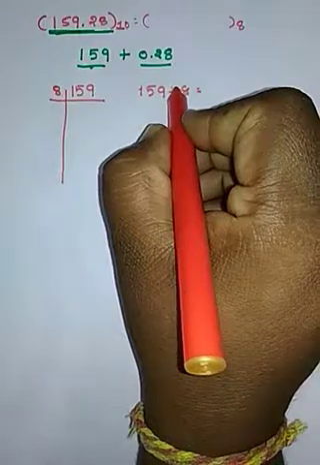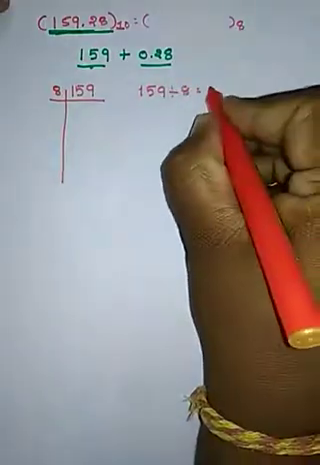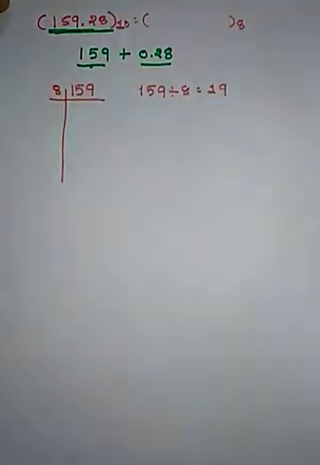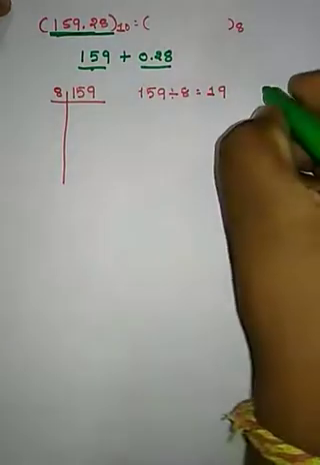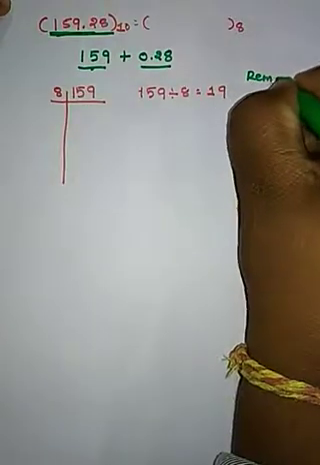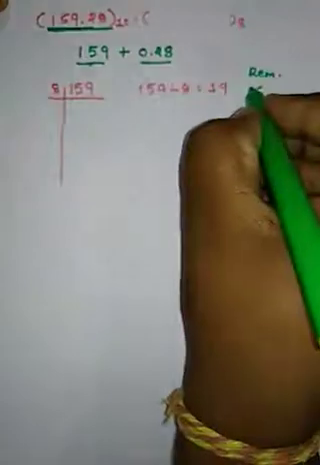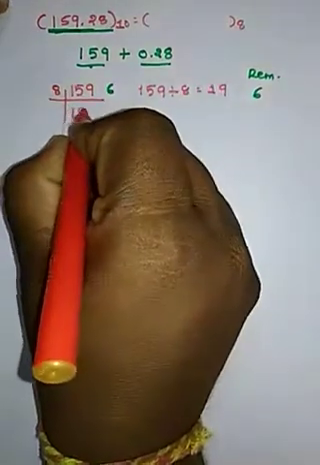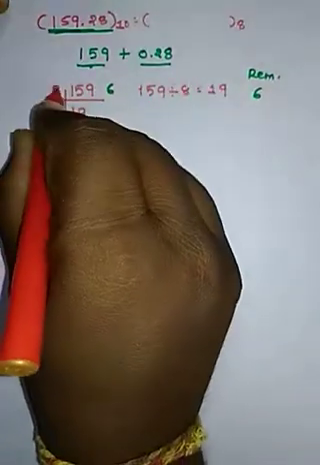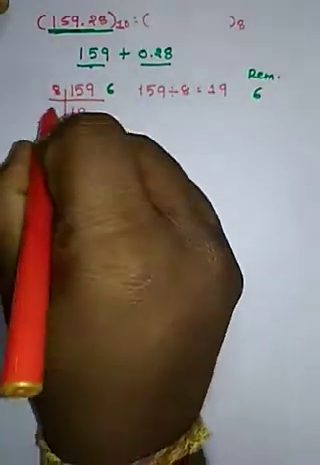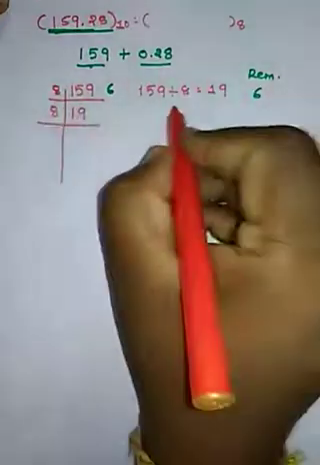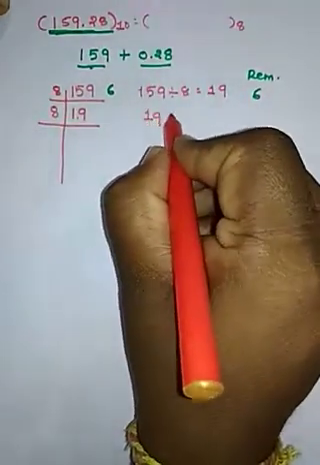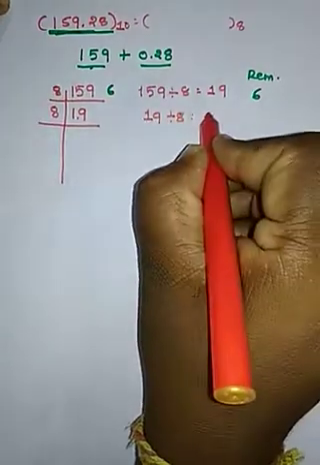What is the remainder? It's a 6. This 6 is to be written here. Here we have to write 19. Again this number is not less than this, so we have to make the next procedure. Here is a 8.